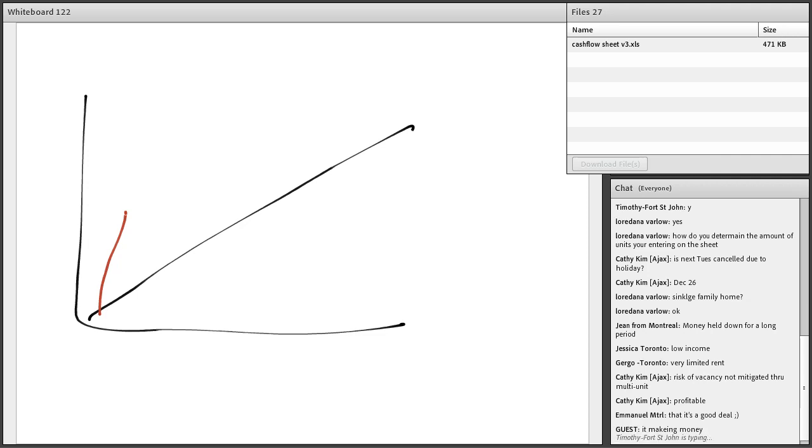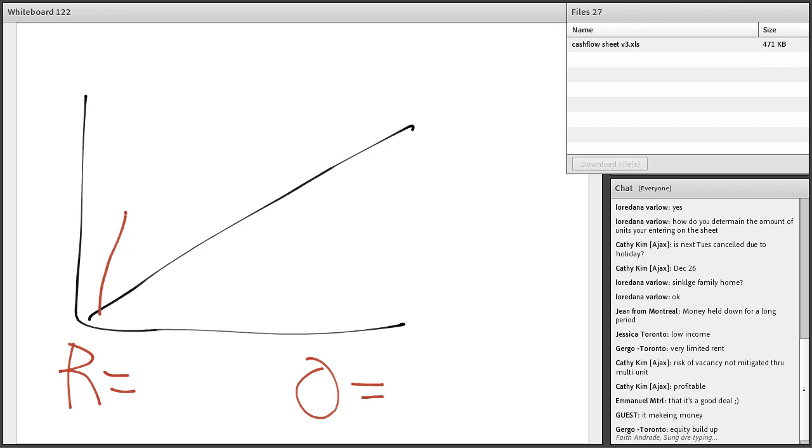When a property cash flows, what does it mean for the renter, and for the owner of this property? Equity building, okay. Yeah, you can get equity building.